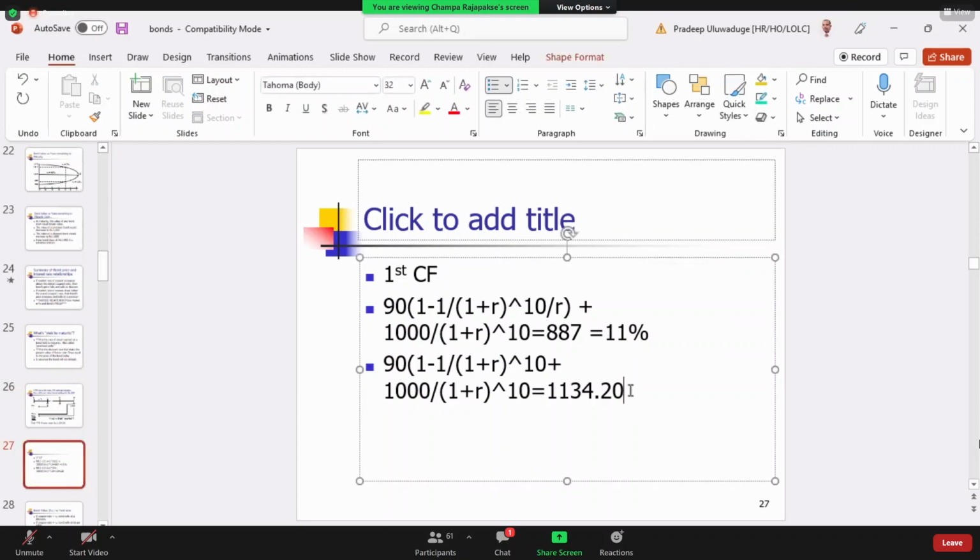So that's a good guess, between 9% and 11%. You can try and then find the exact R that gives you 1134 and 20 cents. Okay? Understand?